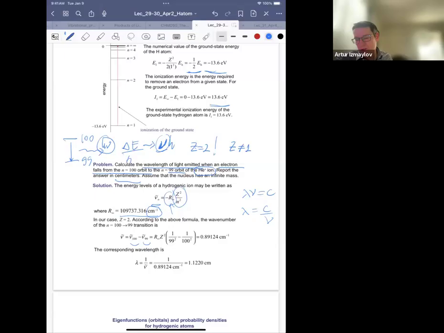I guess this formula assumes we go from the nth level to a free system, right? That's why you need to subtract two frequencies to get the frequency of the light that comes out, because we don't go from the 99th or 100th level to zero energy free electron, we go from 100 to 99. Okay. Any questions regarding this procedure?